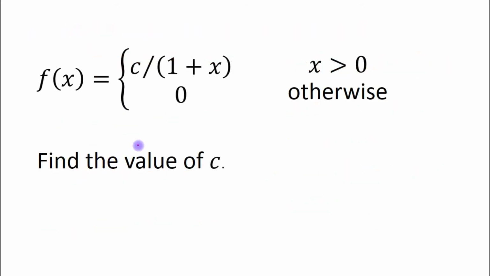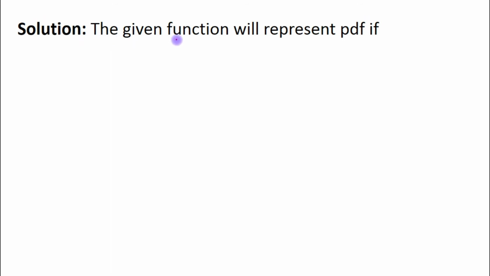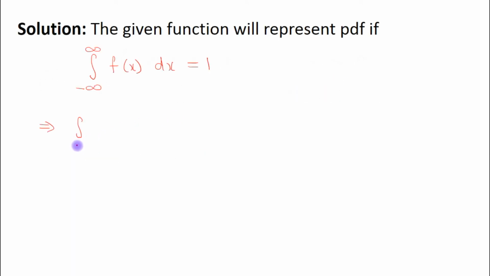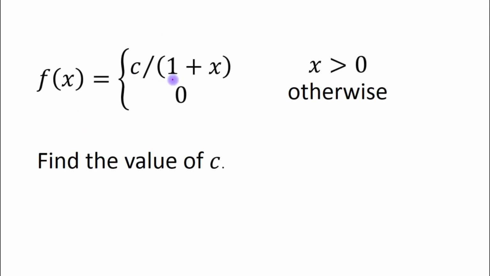Next question. We have been given this function and we need to find the value of c. Solution: the given function will represent a PDF if the integration from minus infinity to infinity of f(x) dx equals 1. In the next step, the limit is x greater than 0, so we will write 0 to infinity, and f(x) was c upon 1 plus x.